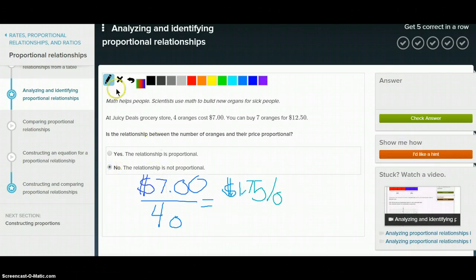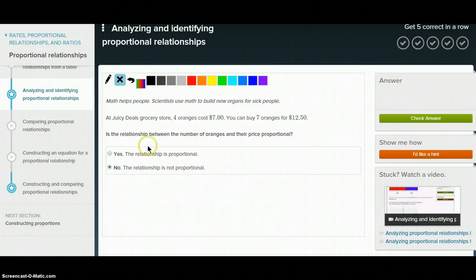Now let's put this the other way so we can see what the proportion is equal to with the 7 and the 12.